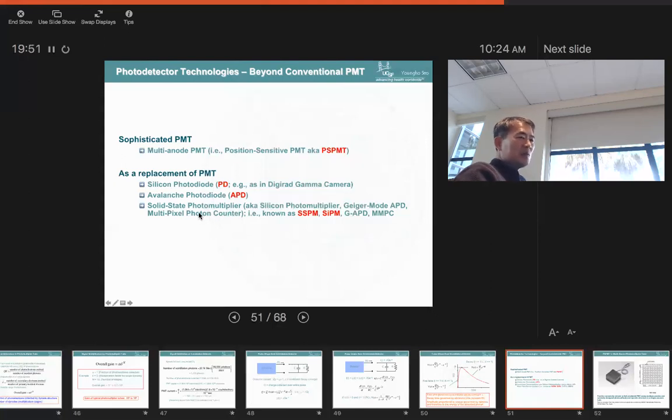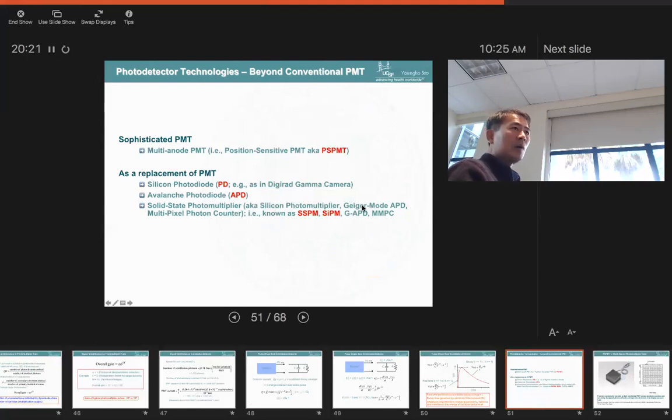There are a lot of names for this one because when people wanted to use this solid state type of photomultiplier as a photodetector to replace PMT, there were, of course, multiple commercial companies trying to make their own version of this technology. Whenever you have something made commercially, you want to name it uniquely for your product. So that's why people use different names. Some people say this is a silicon photomultiplier.